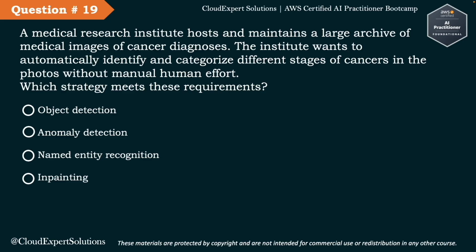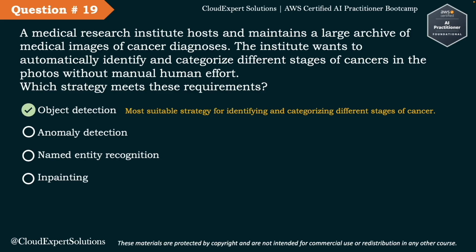Option number 1, object detection. Object detection is the most suitable strategy for identifying and categorizing different stages of cancer in medical images. It can locate and classify specific regions of interest within an image, and it will enable automatic diagnosis. Hence, this is a potential correct option.